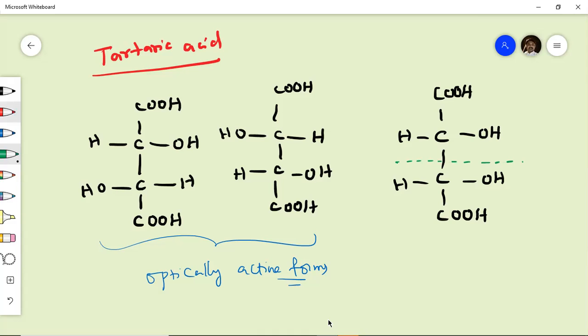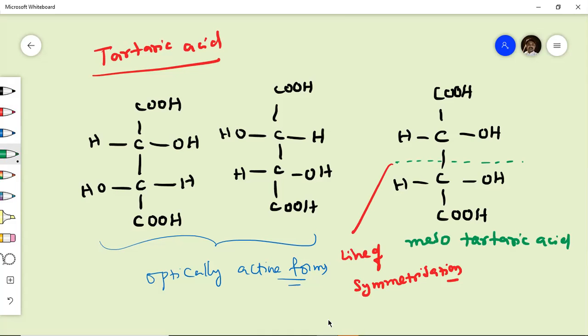So this is what we call a line of symmetry. Because of this, this mesotartaric acid becomes optically inactive in this form. This is called mesotartaric acid.